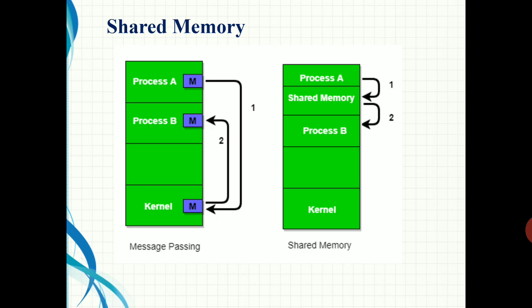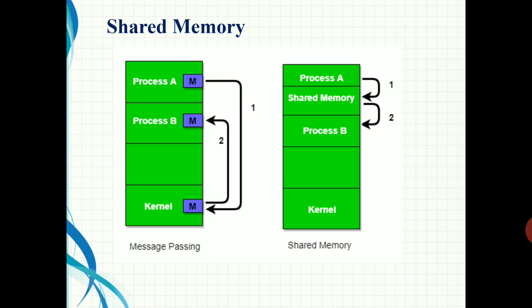Shared memory is used within a single system or multiprocessor, but message passing is used for communicating with remote systems, that is, independent systems. Another difference is that the code for reading and writing the data from the shared memory should be written explicitly by the application program, because the common shared memory is accessed by more than one process.